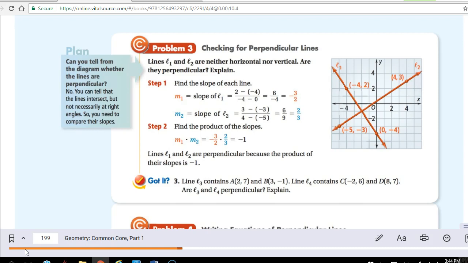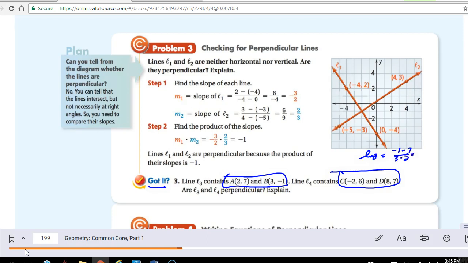Now, in the got it section here, here are the 2 points that are on line 3, and here are the 2 points that are on line 4. So if I do line 3 here, it's going to be negative 1 minus 7 over 3 minus 2.